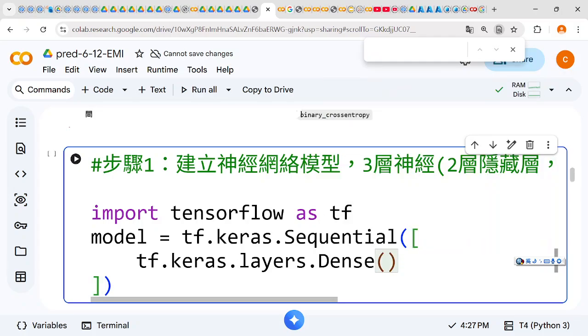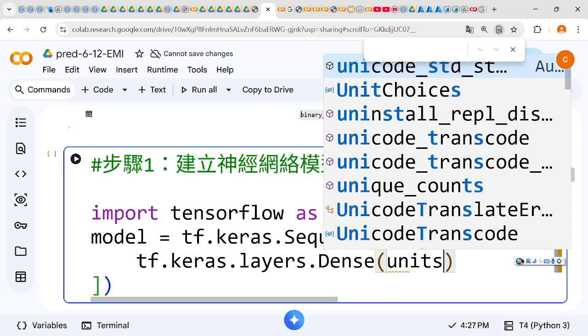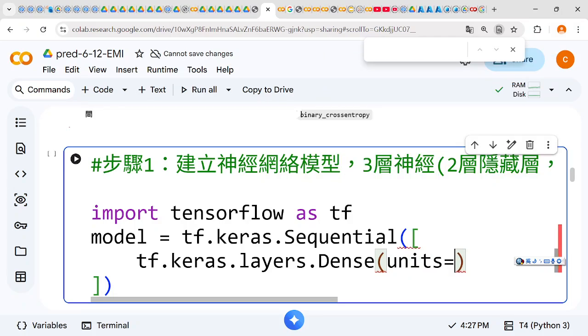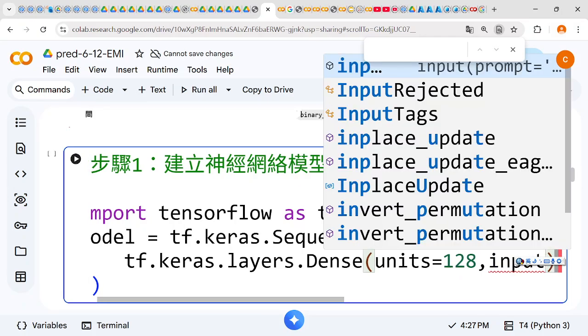Inside the dense layer, I have the units. I also must set my input dimension.